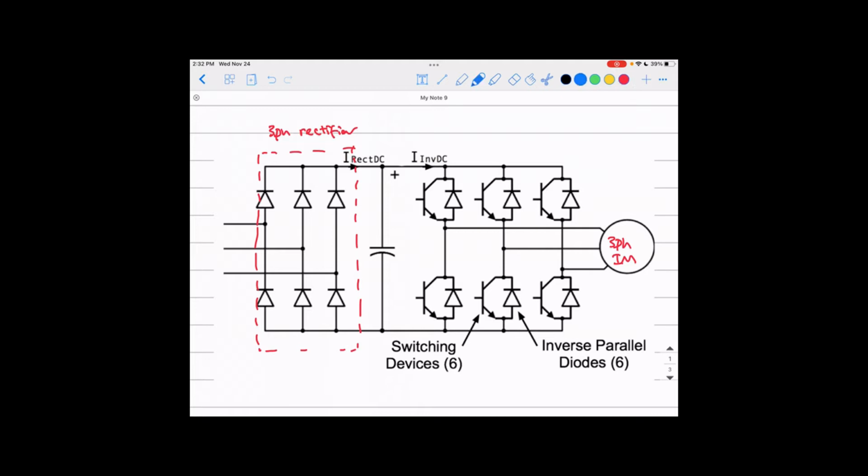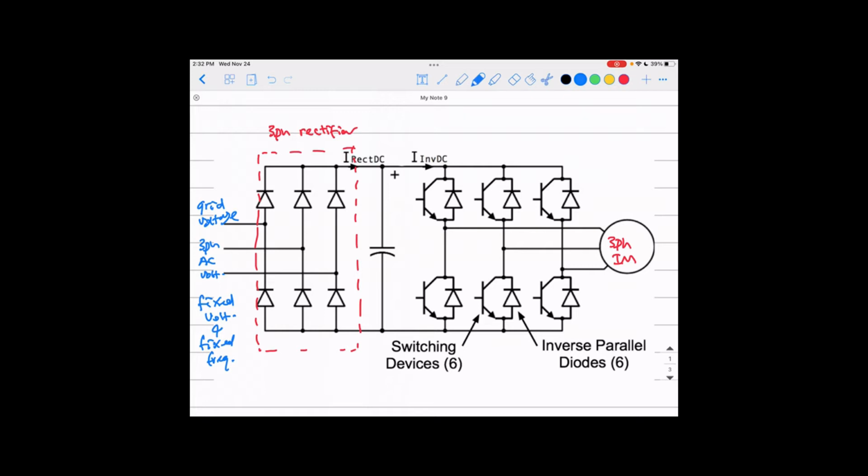So actually the input here is the grid voltage, which is three-phase AC voltage but with fixed voltage and fixed frequency. That is the voltage you can find from the grid.